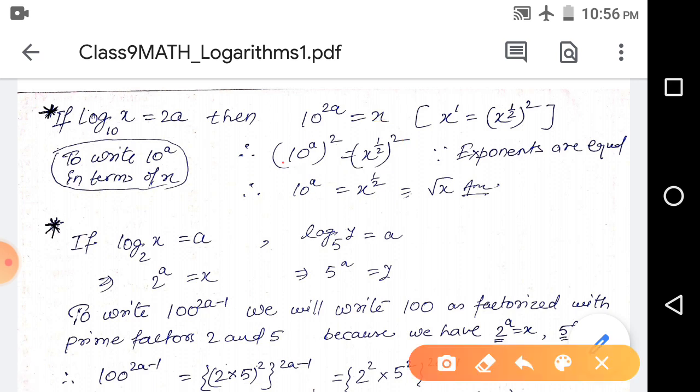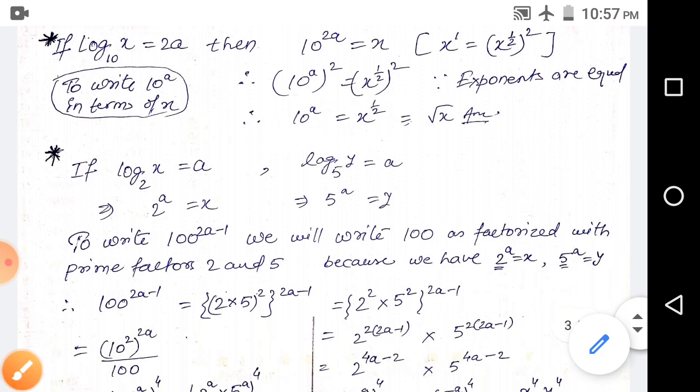That means 10 to the power a is equal to x to the power 1 by 2 as the bases are same. So 10 to the power a equal to x to the power 1 by 2. So this is 10 to the power a equal to square root of x, and this is the answer. Okay, so here we found 10 to the power a in terms of x.